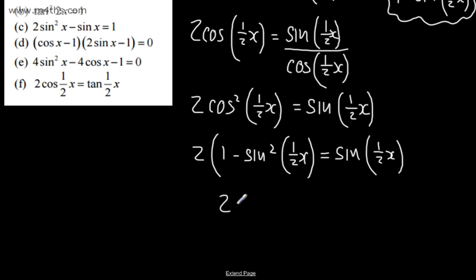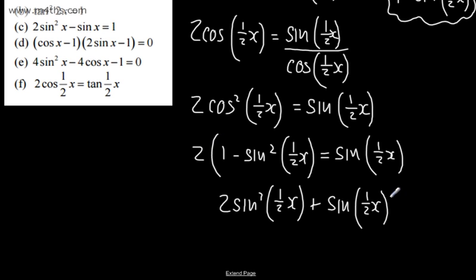So if I add that to both sides, we've got 2 sine squared of 1/2 x, then plus the sine of 1/2 x, and then minus 2 is equal to 0. So this is what the quadratic will now look like. Let's just check that. That looks good, and that's what we'd have.